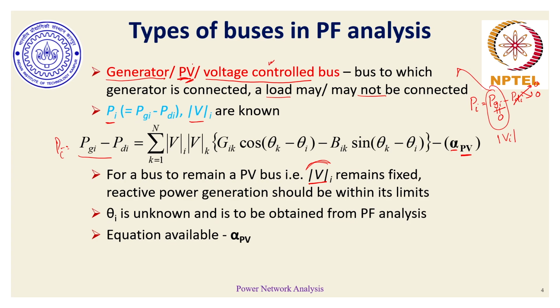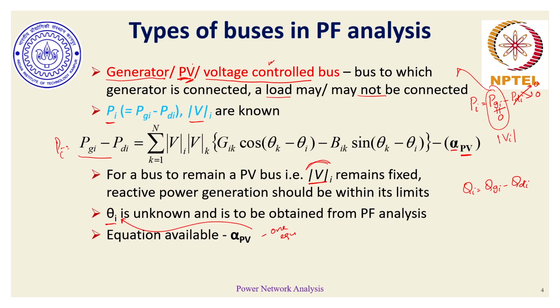For a PV bus, P and V_i are known, the only unknown is theta_i. So essentially for every PV bus, we have only one equation and only one unknown. We don't exclusively solve the reactive power equation, because it can be solved only when the injection at the PV bus is known.